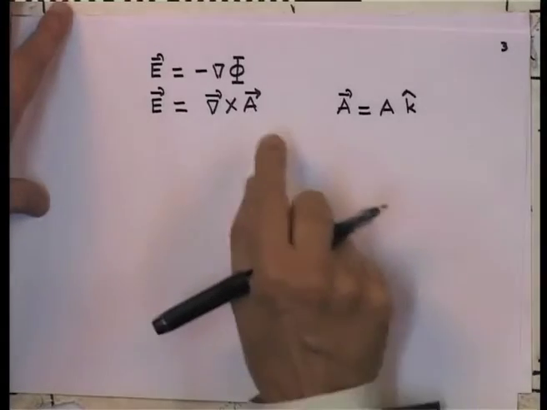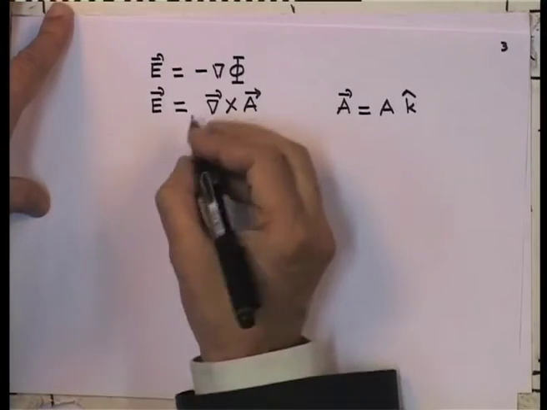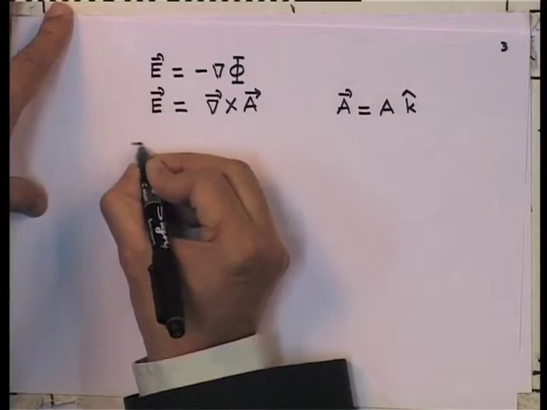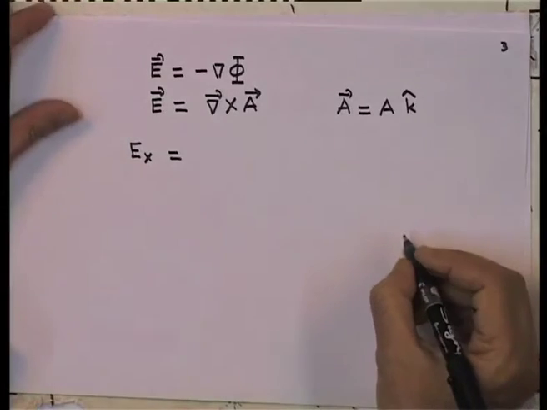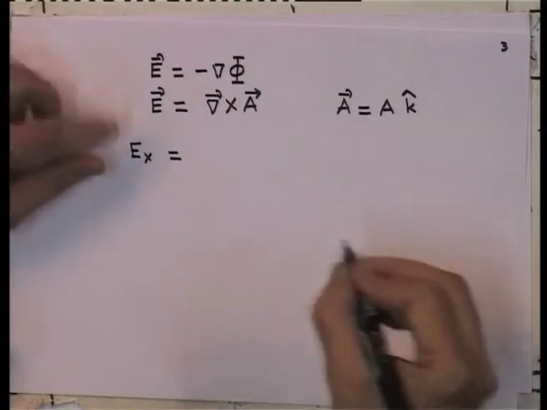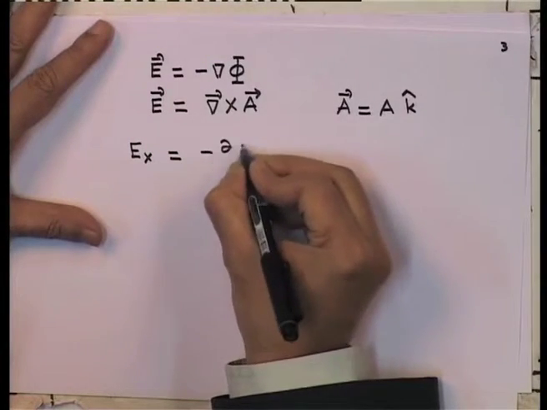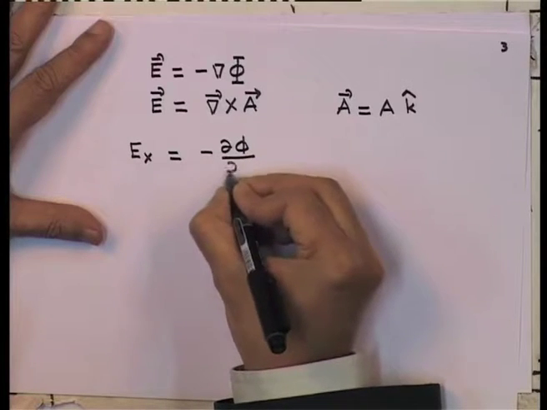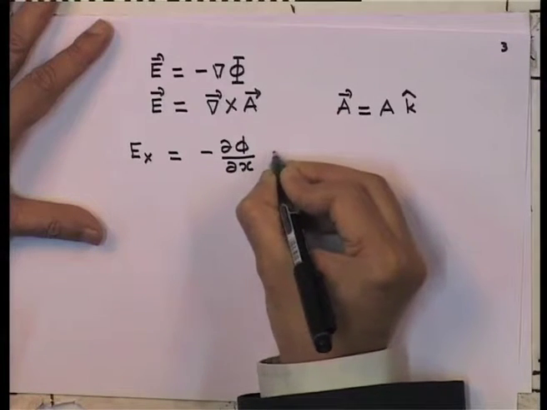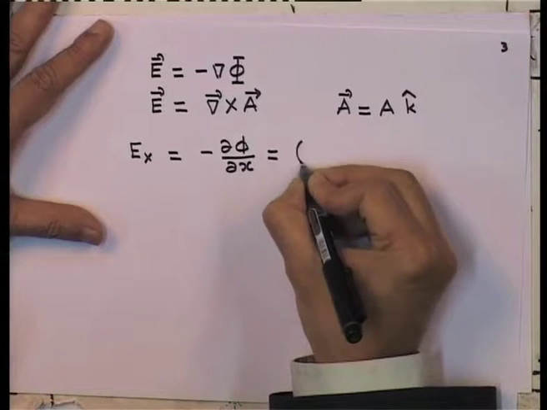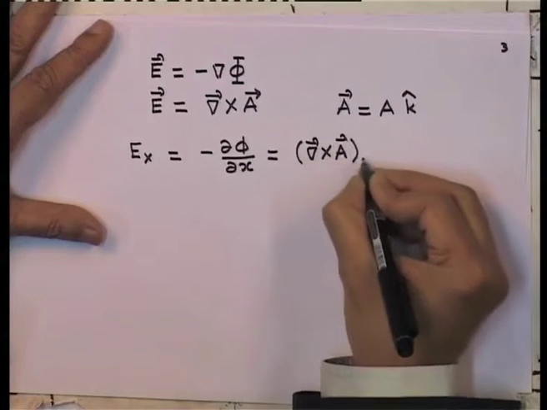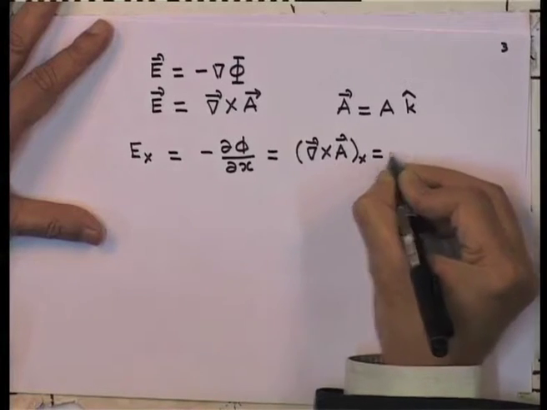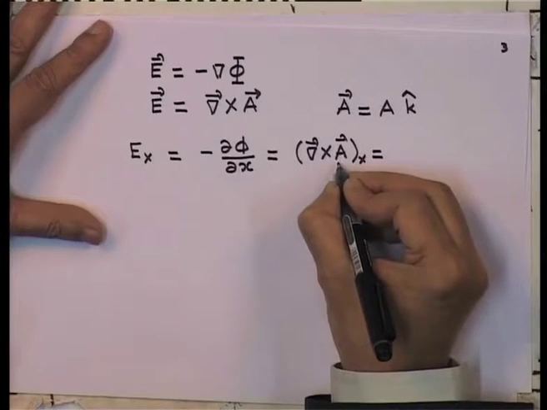Now, for this vector potential, let me define what I am getting for the x and the y components. The x component of the electric field can of course be written as minus d phi by dx, in terms of the scalar potential, but notice that this can also be written as the x component of del cross A, remember A only has a z component.